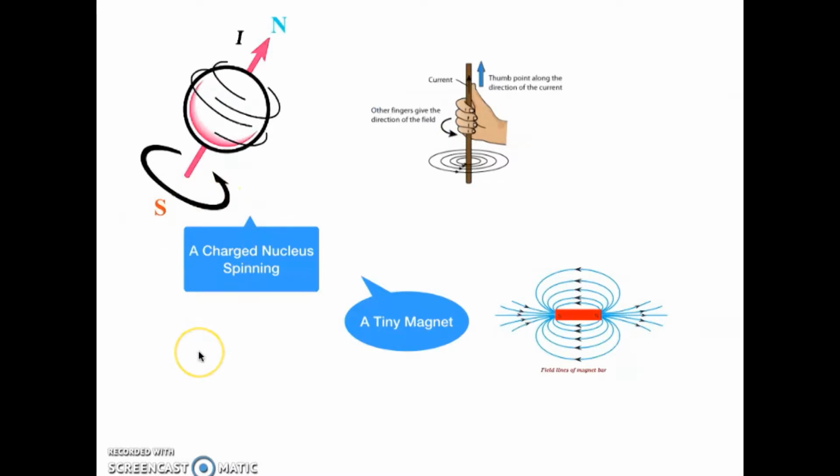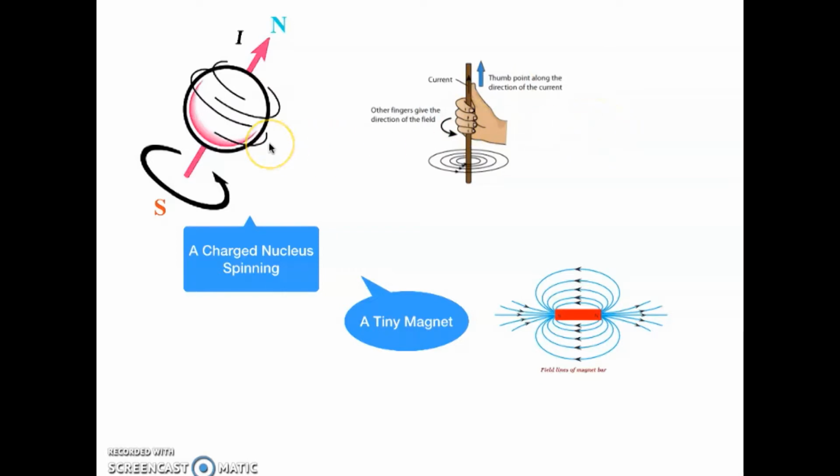When a charged particle spins, from physics we know that a magnetic field is generated and hence there will be a magnetic moment, whose direction can be known from the right hand thumb rule. The thumb indicates the direction of the magnetic moment and the other fingers give the direction of the field.